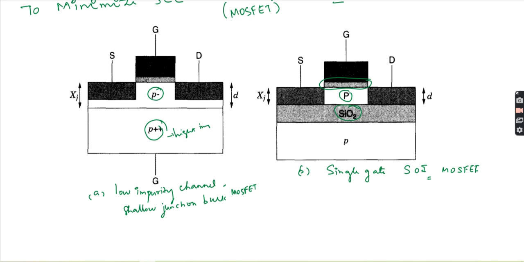Okay, so now the small short channel effect of the transistor is because of the small depletion depth. There will be a small depletion depth under the junction depth.